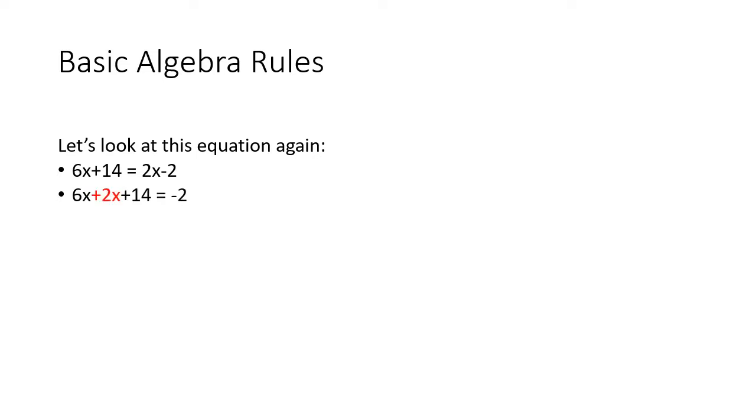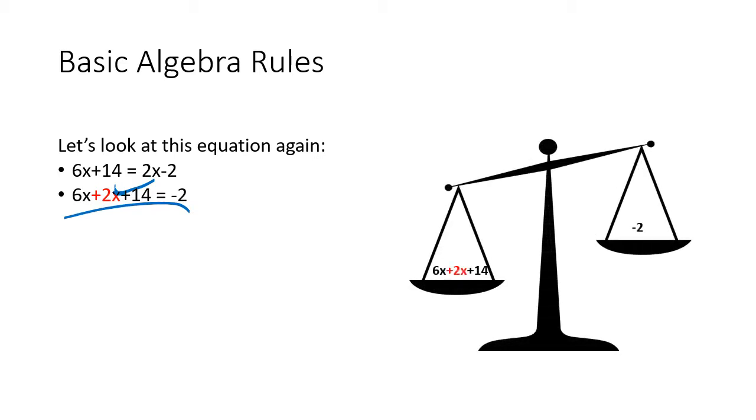What if we just try to move the 2x over and add it to the 6x? So it'll be 6x plus 2x plus 14 equals negative 2. We'll have the same scenario.